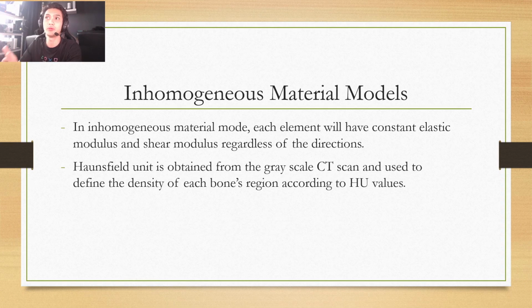The second one is the inhomogeneous material model. In this material model, each element will have a constant elastic modulus and shear modulus regardless of direction. A Hounsfield unit is obtained from the grayscale CT scan and used to define the density of each bone region according to the HU value.